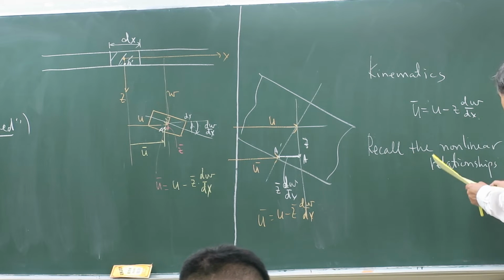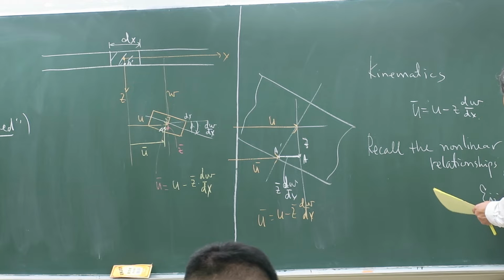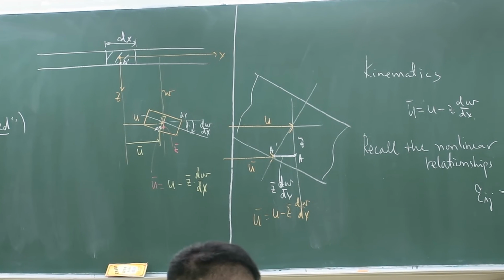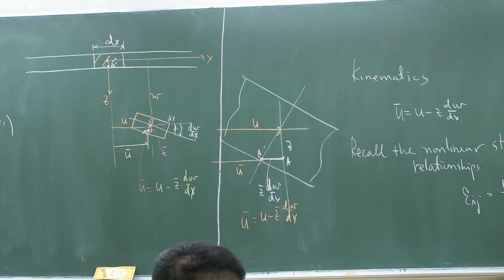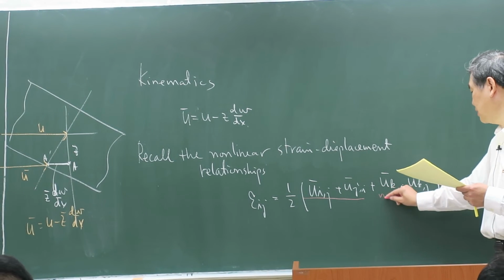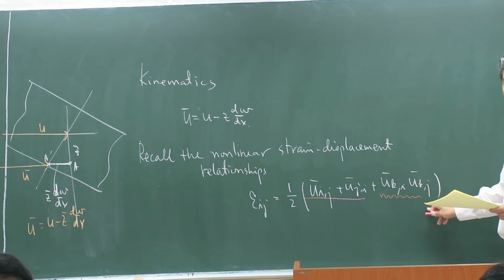We have epsilon ij is one half of u bar i,j plus u bar j,i plus u bar k,i times u bar k,j. In linear theory, we just consider the first terms. But for nonlinear, we add a higher order term.